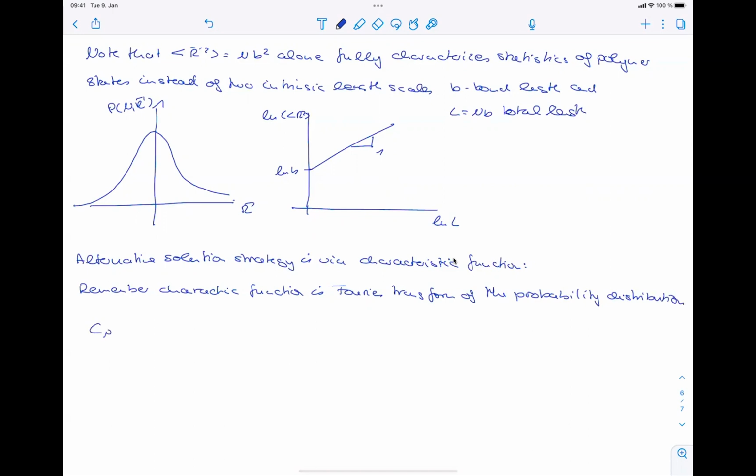So the characteristic function index n, now depending on the wave vector k, is therefore the integral, the Fourier transform k r of our probability distribution of the end-to-end distance vector.